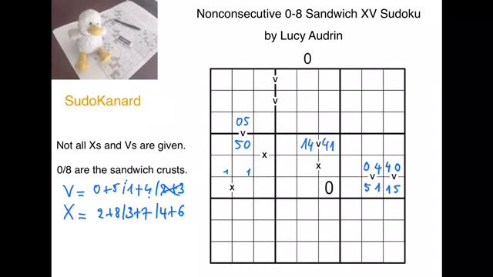What about 5? 5 is not here, it's not in the 10 clue, so 5 is in one of those cells. And 5 is not here, it can be here, it could be in one of those as well. If 1 is here, then 0 is not here.